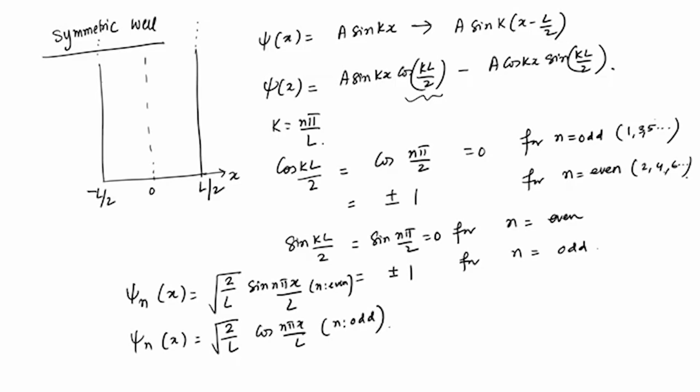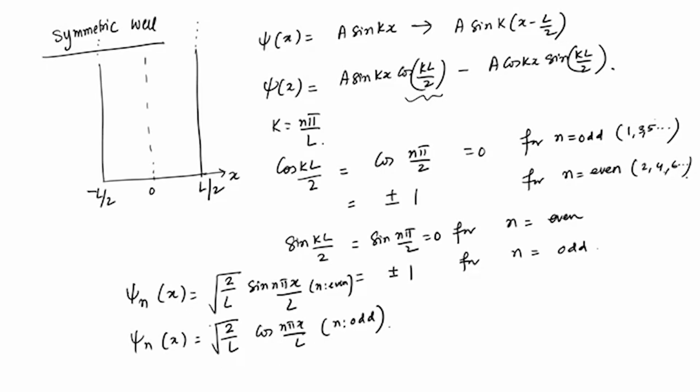Okay. So, you see the change in the stand of this, that instead of simply a sine solution, which was there for the well that we have seen earlier, this is not only a sine solution, but also a cosine solution depending on whether n is even or n is odd.